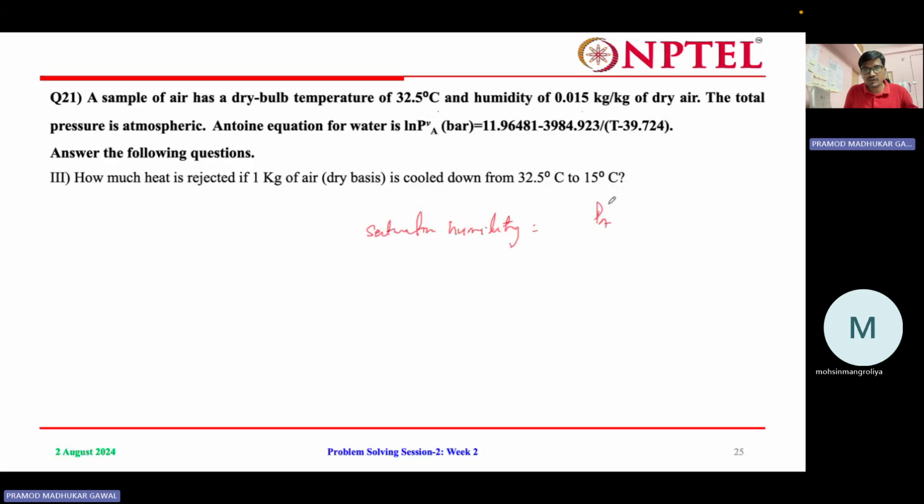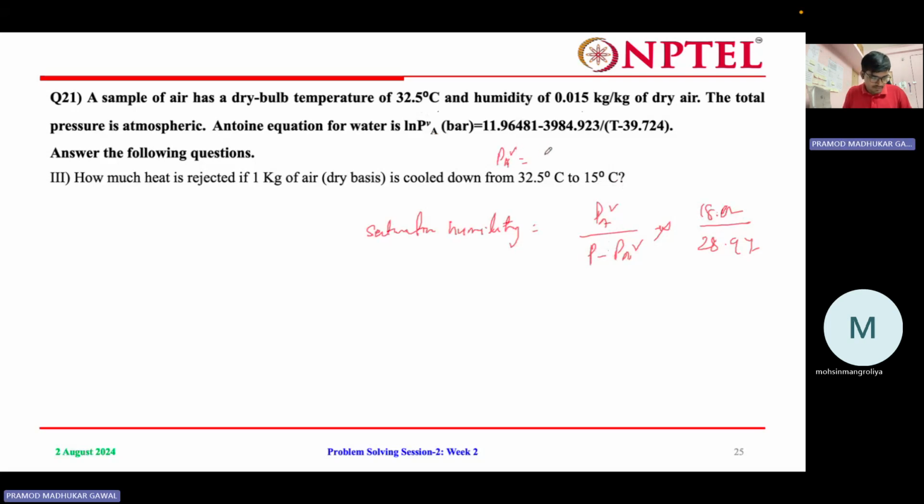Right? PAV divided by P minus PAV into 18.02 divided by 28.97, right? So first convert degree Celsius into kelvins. So you will get PA.